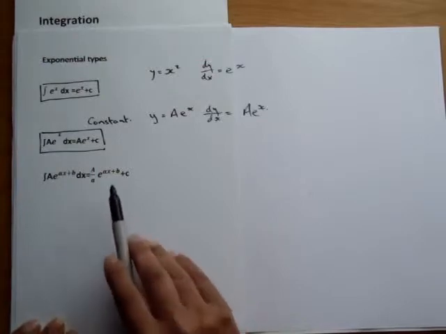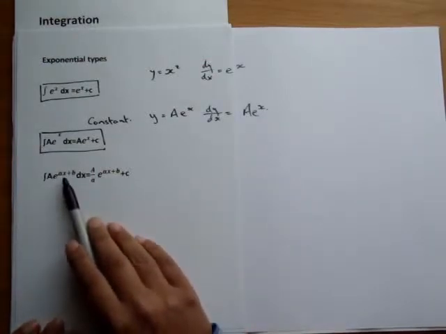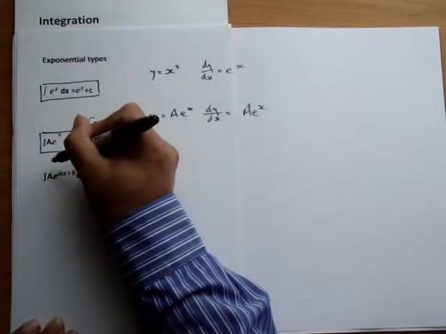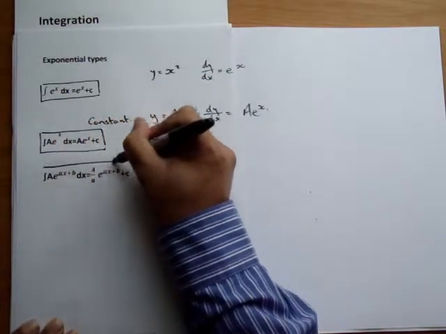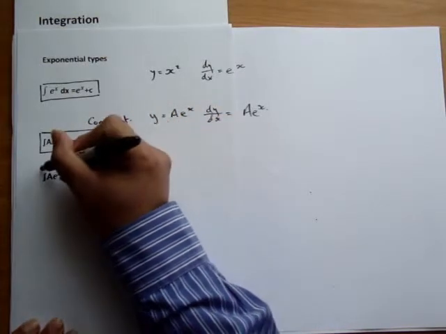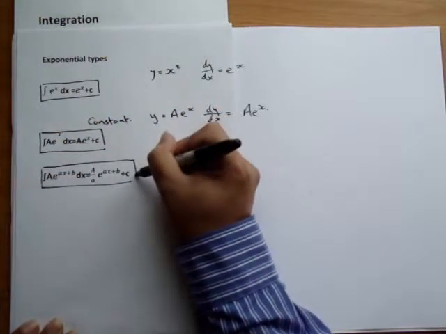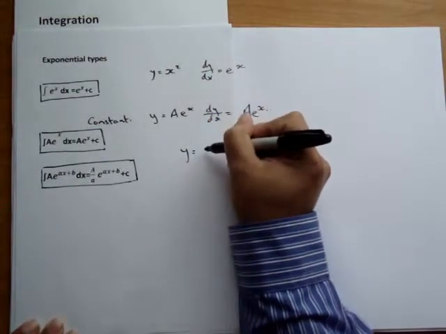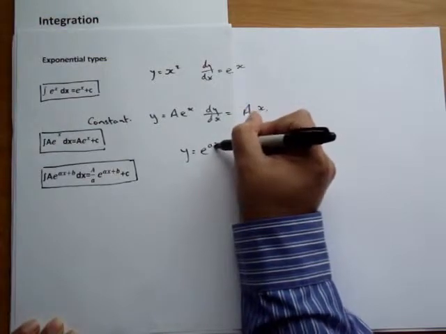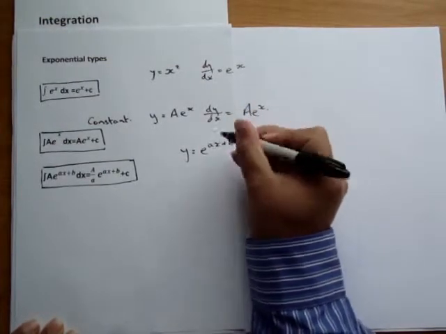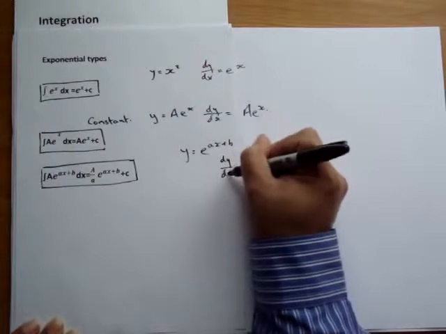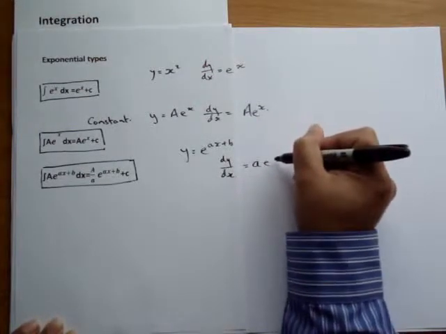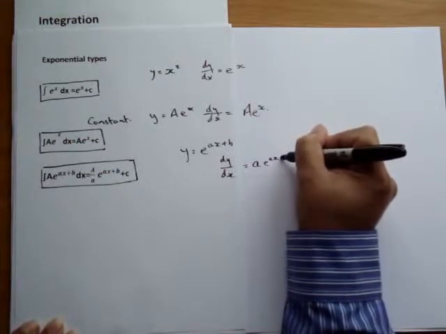When we have e to the ax plus b and we integrate, there's a slight difference, so we'll go through that. If we have y equals e to the ax plus b, when we differentiate dy by dx, we get a e to the ax plus b.